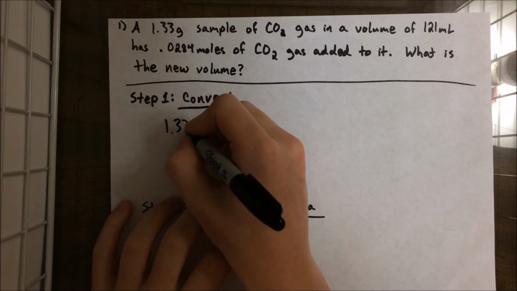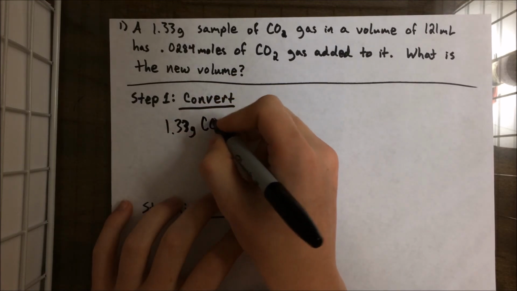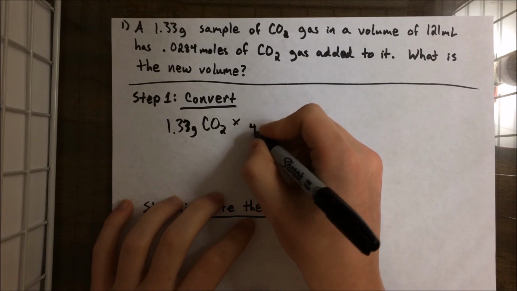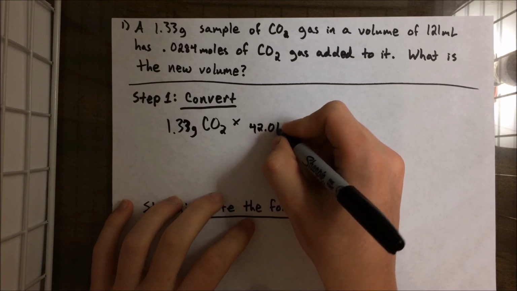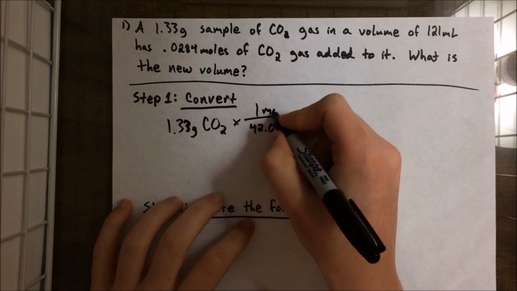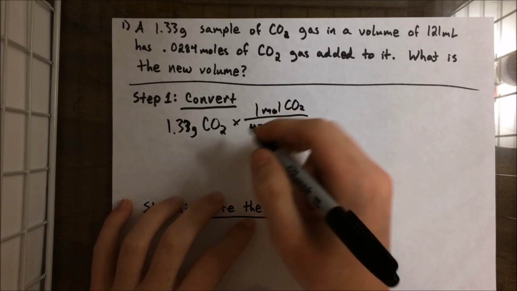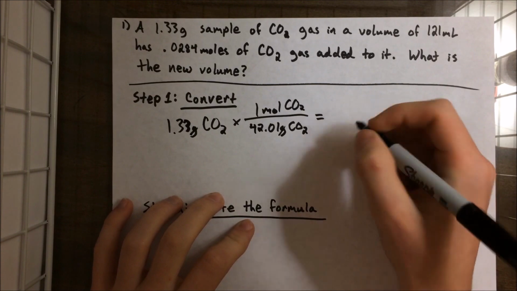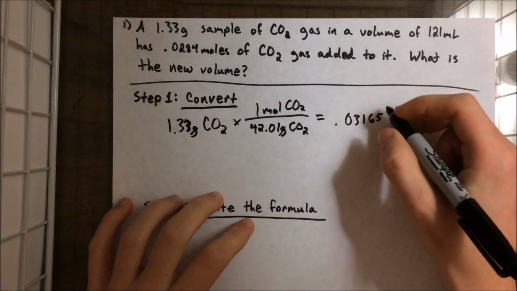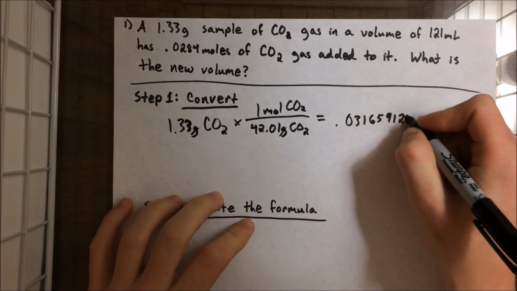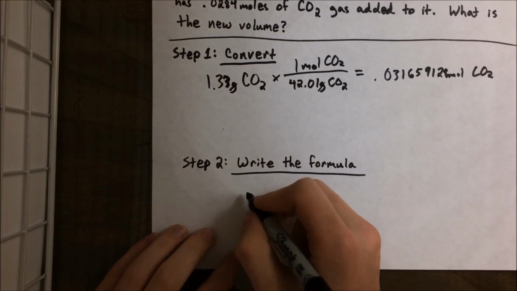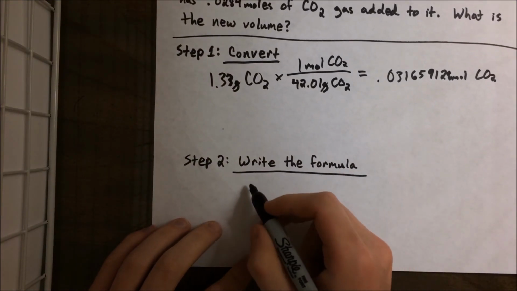So 1.33 grams of CO2 times the molar mass, 44.01 grams of CO2 under 1 mole of CO2, and the grams will cancel and give us 0.031659128 moles of CO2.